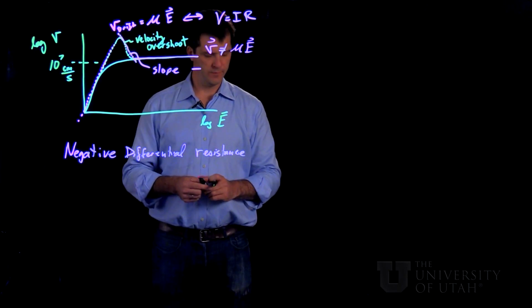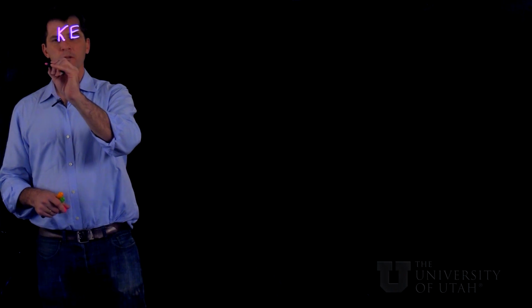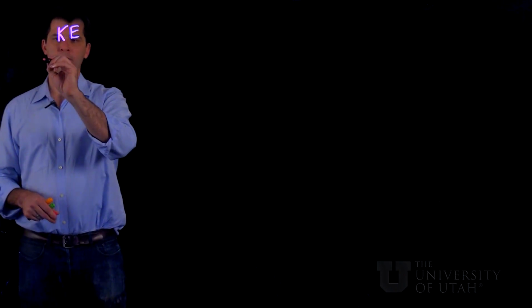So why do these two phenomena happen? So far, we've talked about the velocity of the electrons and its scattering in terms of the variables of position, velocity, acceleration, etc. But for these two phenomena of the velocity saturation and overshoot, we need to think in terms of the kinetic energy. So first, let's check back with the thermal kinetic energy.